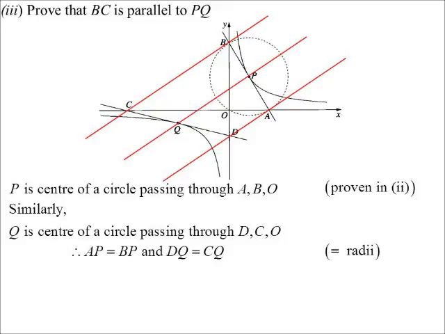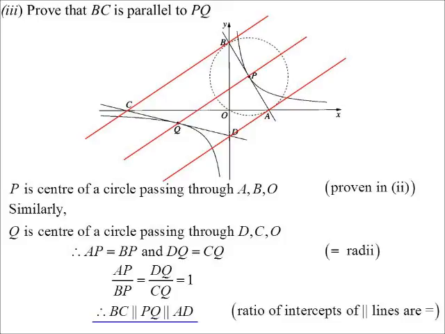So they're equal radii. So the ratio of AP to BP is equal to the ratio DQ to CQ. Ratio of intercepts. That's why I drew that third line in. So therefore BC is parallel to PQ is parallel to AD. I didn't actually need to prove the parallel to AD, but I've done what they want. They wanted me to prove that PQ was parallel to BC, I think.